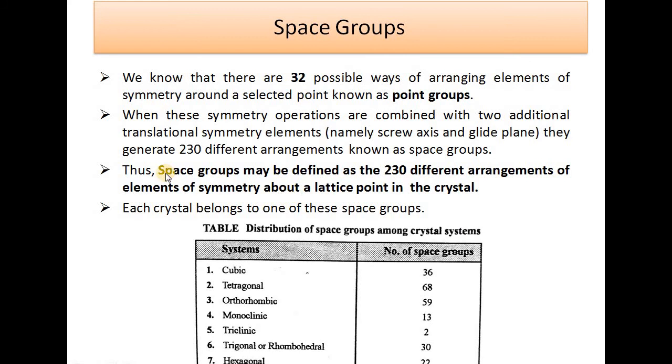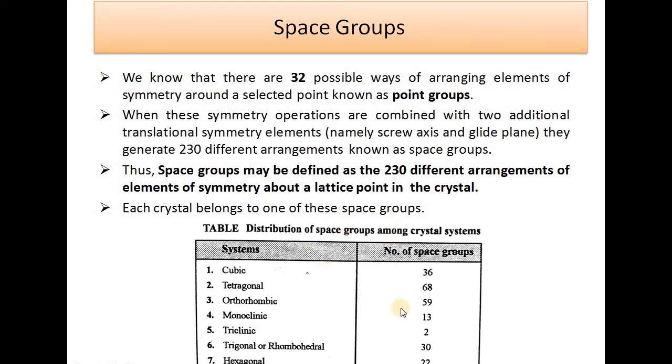So space groups can be defined as the 230 different arrangements of elements of symmetry about a lattice point in the crystal. Now any crystal will belong to one of these space groups. Whatever the crystal is, of any substance, it will belong to one of these space groups.